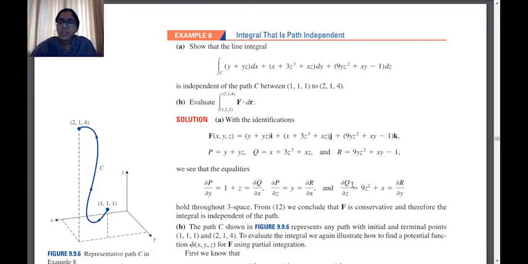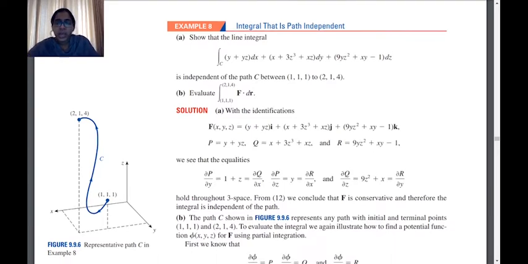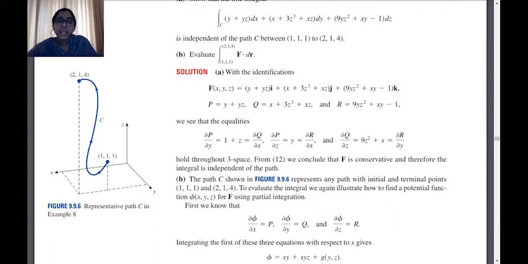Similarly, we can see that ∂Q/∂z is equal to ∂R/∂y. So all the three conditions are satisfied. So we can conclude that the line integral will be independent of the path because the field given is a conservative vector field. Next we have to find the integral.